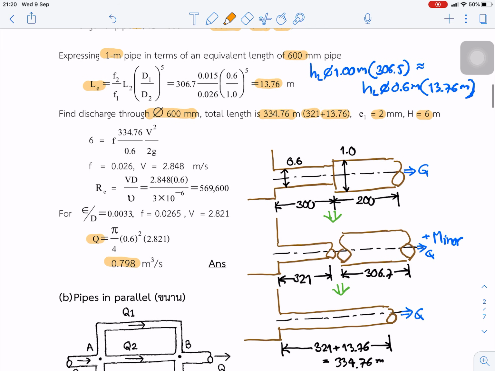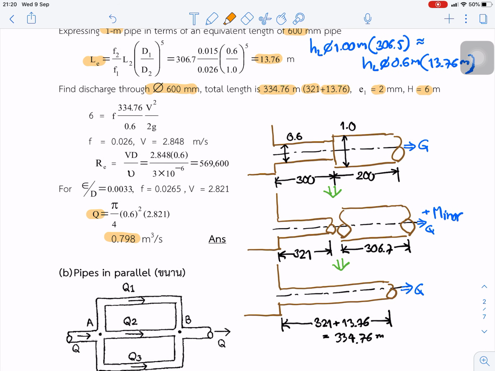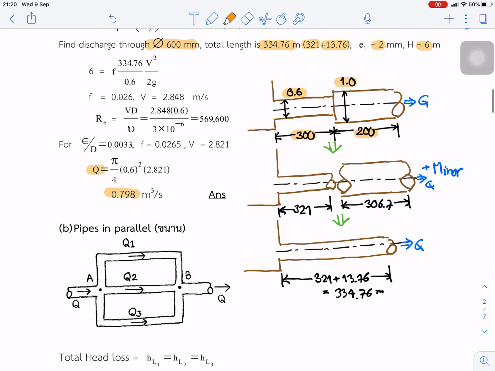On the right hand side, the graphic shows the original 0.6 meter pipe of 300 meters and the second pipe of 1 meter and 200 meters. The next step, we convert the minor loss to major loss, so we increase the pipe lengths to 321 and 306.7.